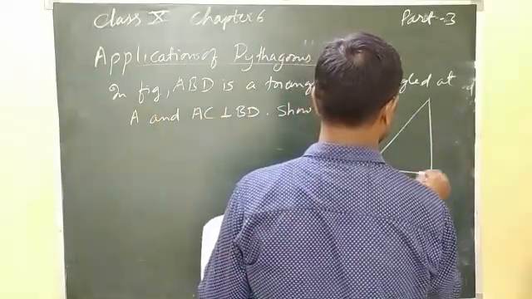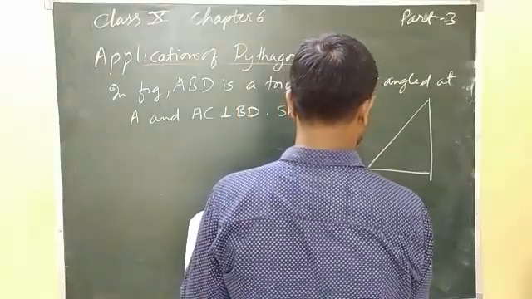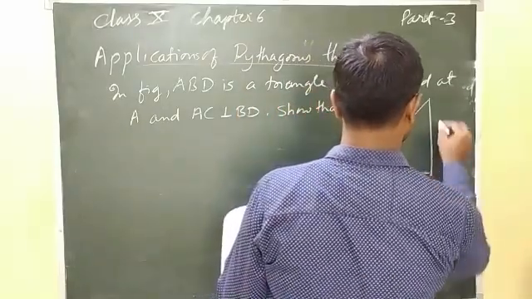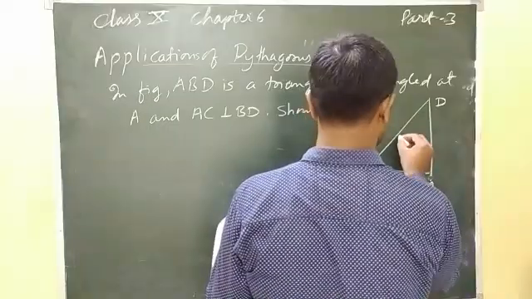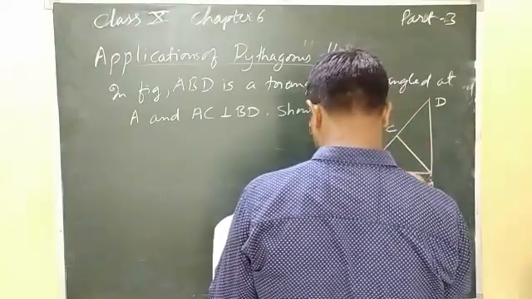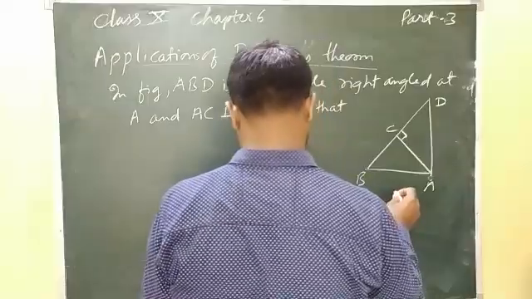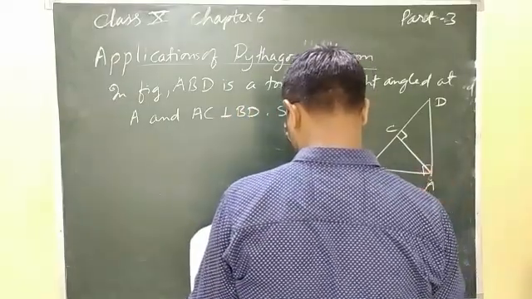Let me draw the diagram. BAD, C, this is right angle at A.